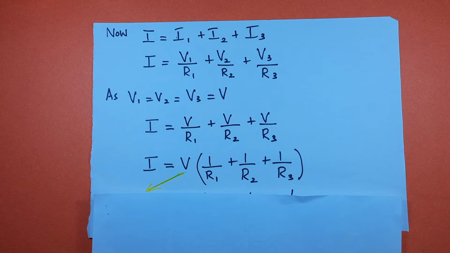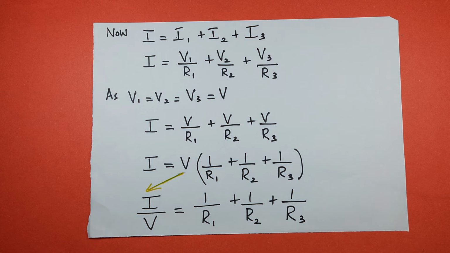So I equal to V into 1 by R1 plus 1 by R2 plus 1 by R3. Take this V downstairs. So you get I divided by V equal to 1 by R1 plus 1 by R2 plus 1 by R3.